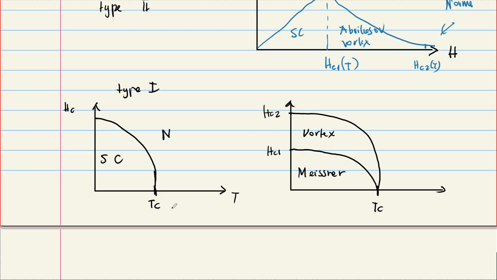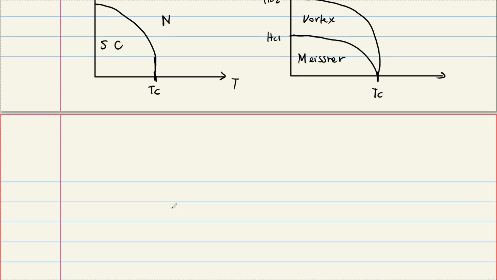And let me write one more thing for you to compare with helium. Each vortex has a flux given by h over 2e. We are going to see why it is 2 and why it is not h over e.